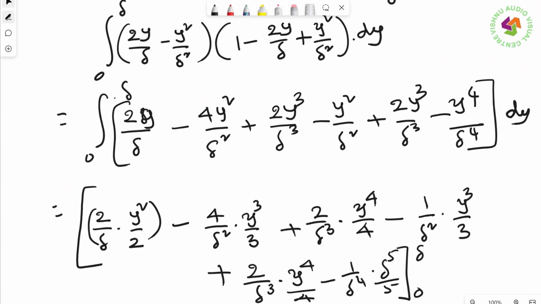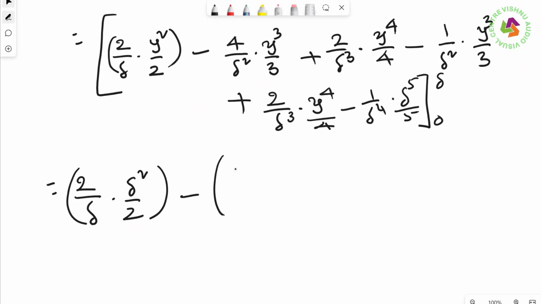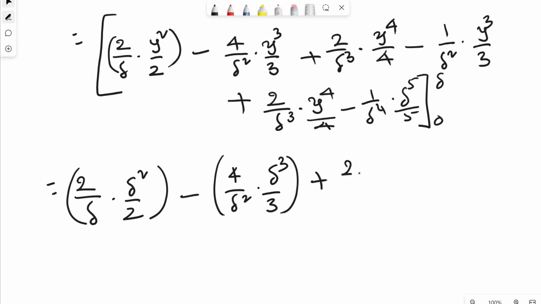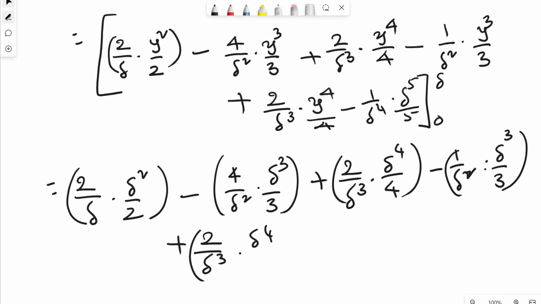Now if I substitute it: 2 by delta into delta square by 2, first term, minus 4 by delta square into delta cubed by 3, plus 2 by delta cube into delta to the power of 4 by 4, minus 1 by delta square into delta cubed by 3, plus 2 by delta cube into delta to the power of 4 by 4, minus 1 by delta to the power of 4 into delta to the power of 5 by 5.